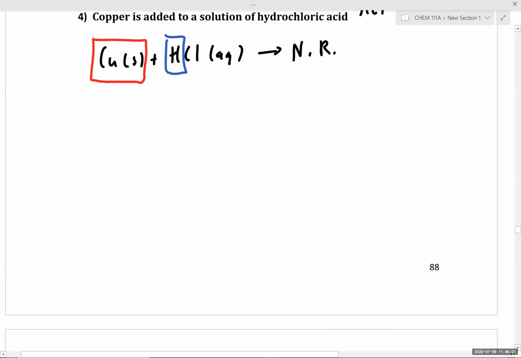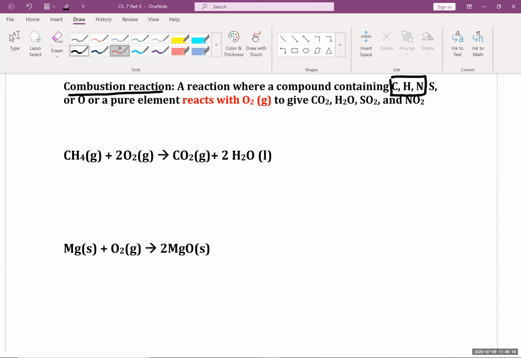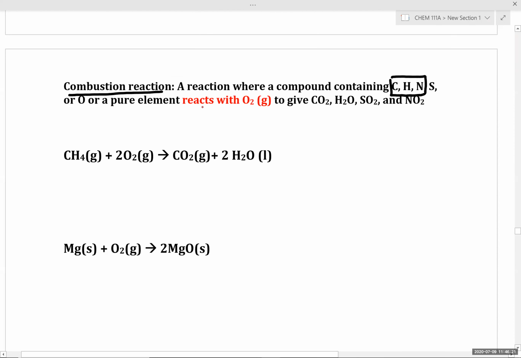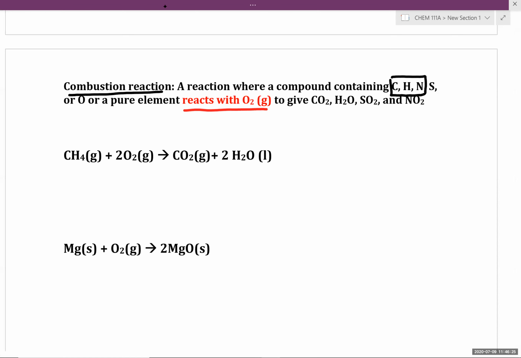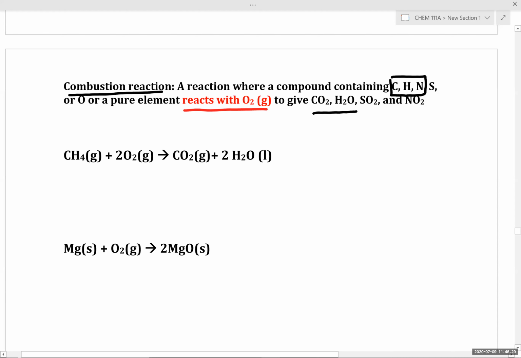Okay, so let's continue on and let's look at the next class of reaction called the combustion reaction. A combustion reaction involves a compound containing mainly carbon, hydrogen, and nitrogen, though it can also have sulfur and oxygen. The key feature of a combustion reaction is that we're reacting with oxygen gas to yield carbon dioxide and water as major products.